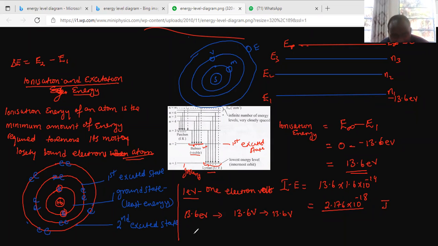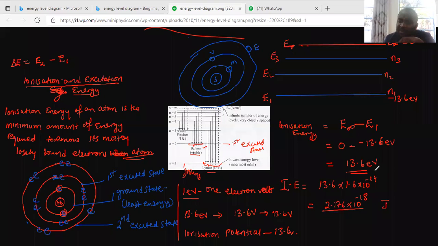In that sense, this helps us to get what we call the ionization potential. The ionization potential for an electron to go to infinity is 13.6 volts, which has the same value numerically, but does not have the same units as ionization energy. So ionization energy and ionization potential have the same value, but different units.